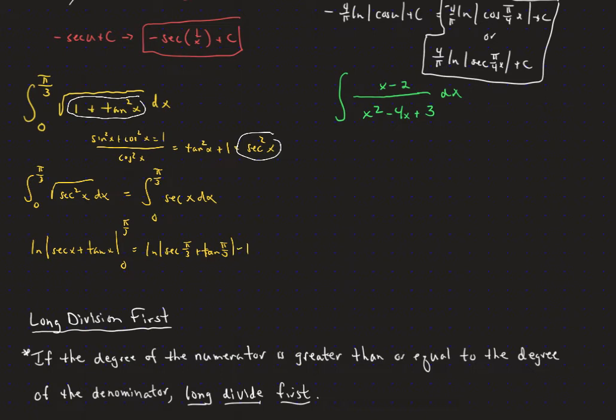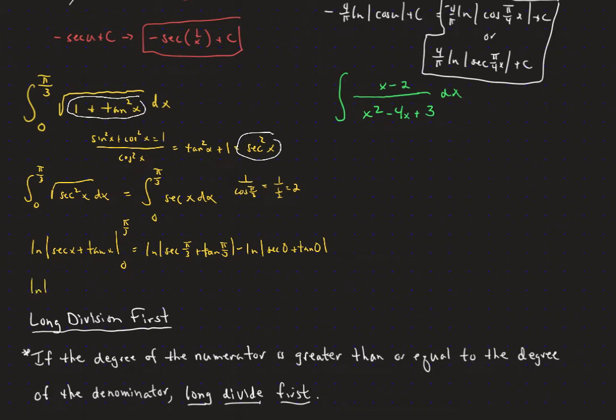And then we're going to subtract from that secant of 0 and tangent of 0. Okay, let's see. Secant of pi over 3 is 1 over cosine pi over 3. Cosine of pi over 3 is 1/2, so that's going to be 2.